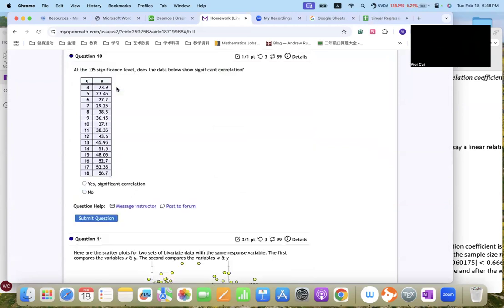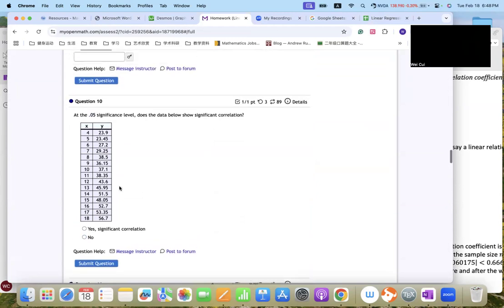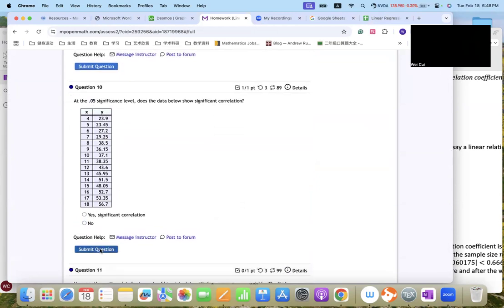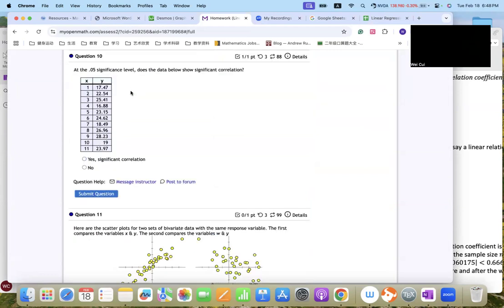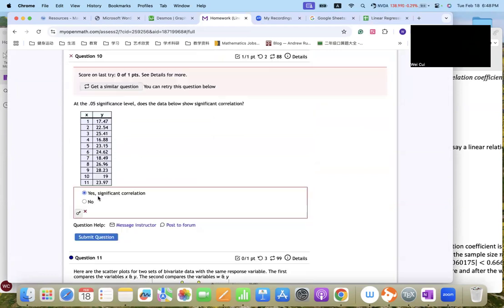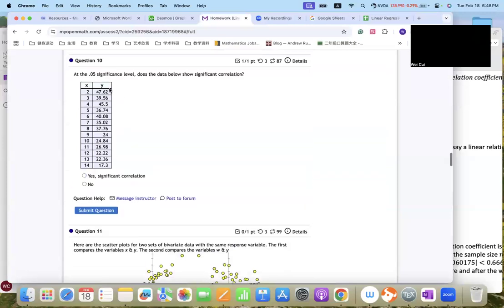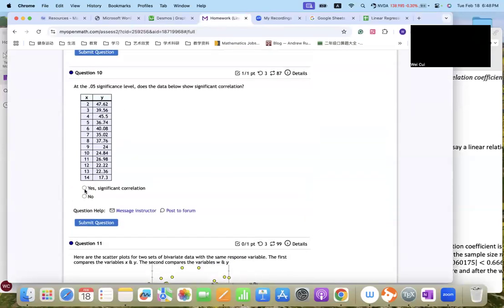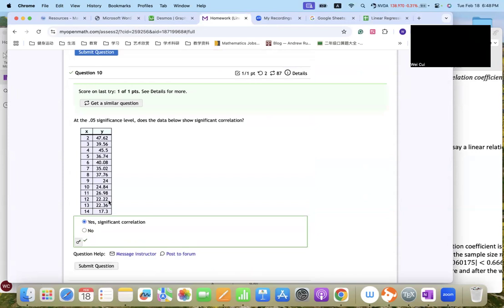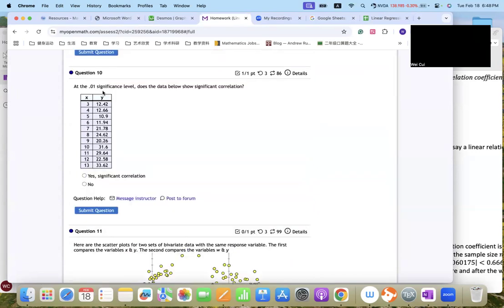Now let me do another one. I want to do a different one. Okay, so let's see. Right now, the significance level is 0.01.